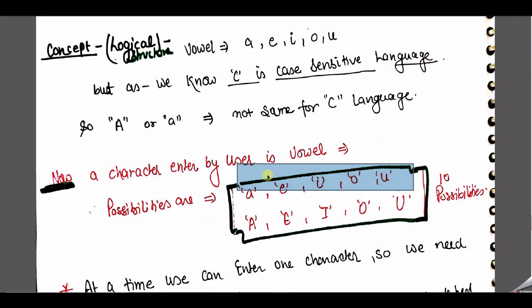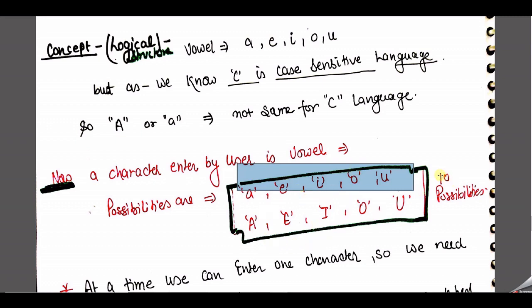So what exactly is here? If the entered character is first A or E or I or U or small u or capital A or capital E. So what we found is that not all of them occur at the same time, because at the same time the user can enter only one character. So it will come under any one of the following set.